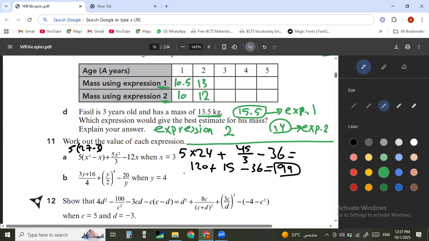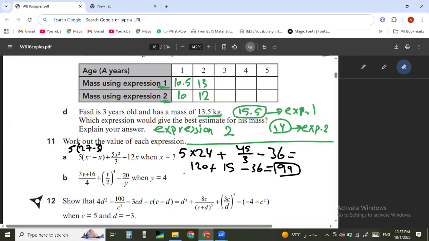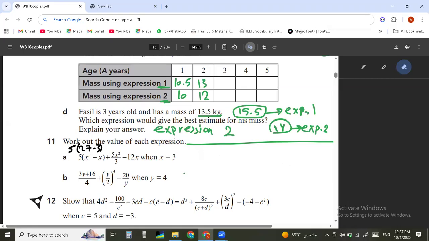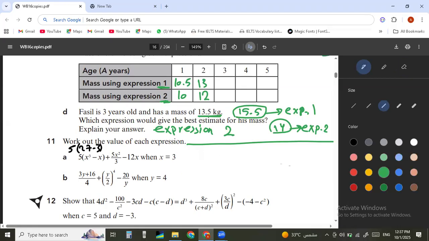Next question. Let me erase this first. Use the space for question B. Question B says 3 times y when y is 4. So 3 times 4 is 12. 12 plus 16 is 28.